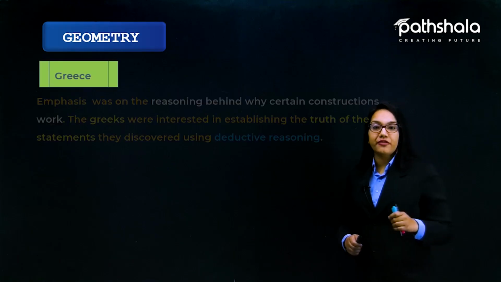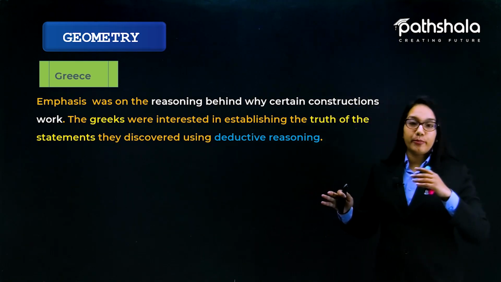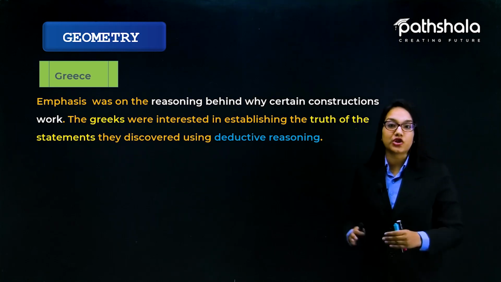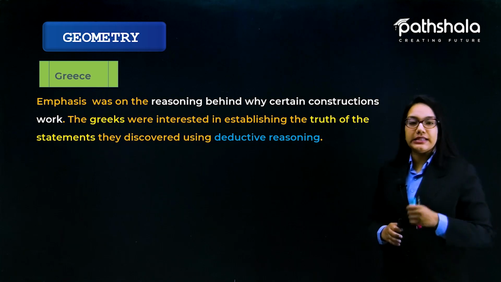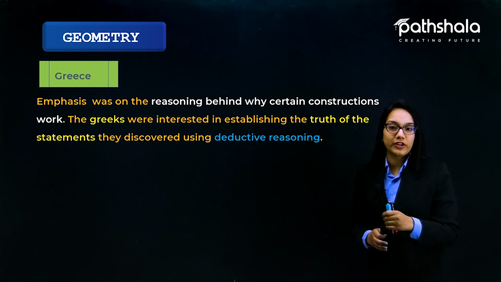Now, in Greece, the Greek people put more emphasis on the reasoning behind why certain constructions work and how they work. They were more concerned about the reason behind the construction of things.